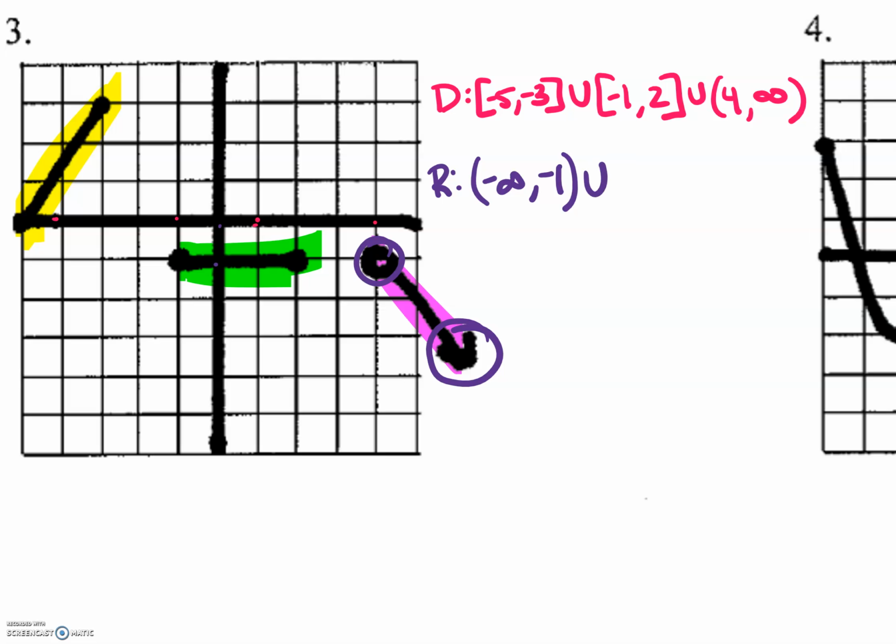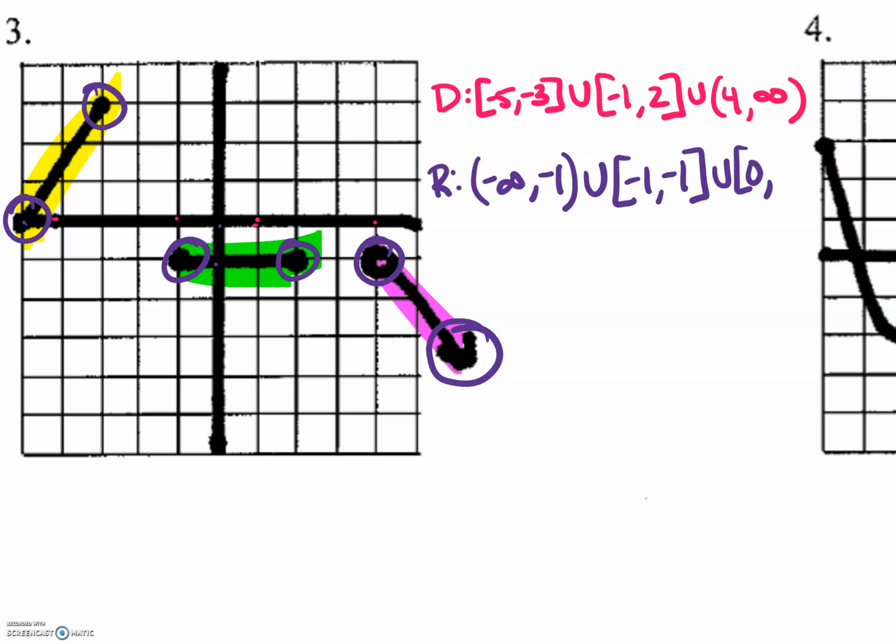Union, what's the next piece? It's this green piece. Notice the green piece is a constant. It stays at -1, so it's going to have brackets because it has a closed circle. Now, where does this last piece start? It starts right here. Notice how it's on the x-axis, which means that my y value is 0. The highest part is right there.